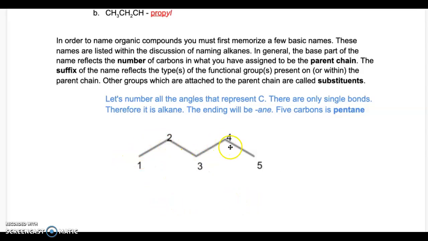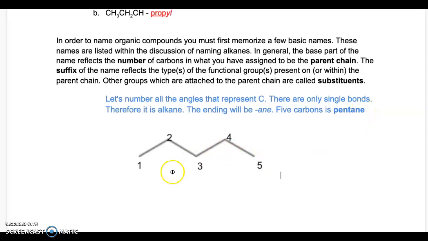So this structure has 5 carbons, and all of the bonds, as you can see, are represented with only a single bond. There are no double bonds. So we know that this is an alkane and it has 5 carbons. If it has 5 carbons and it's an alkane, it is pentane.